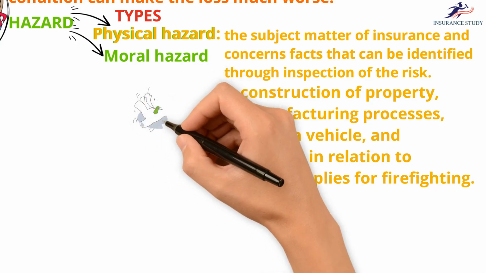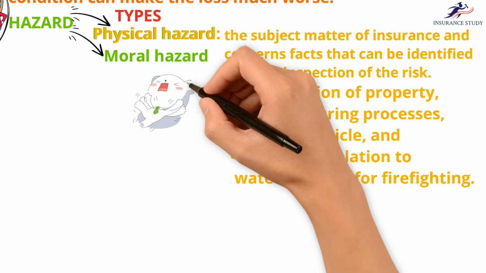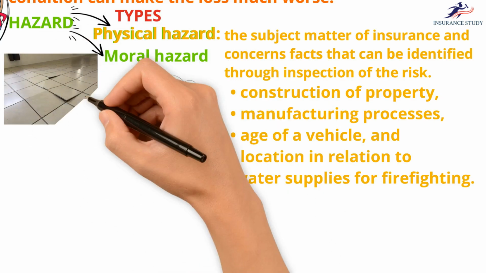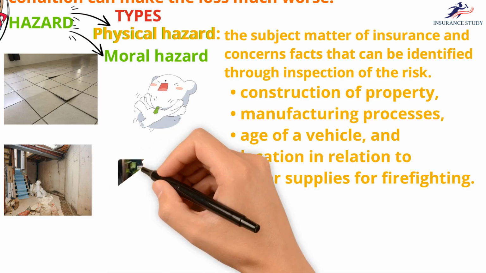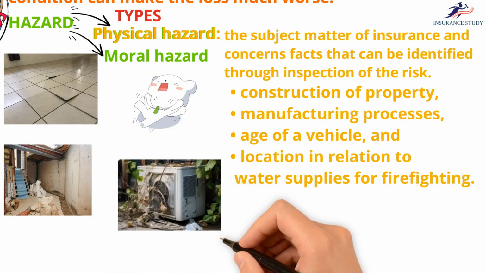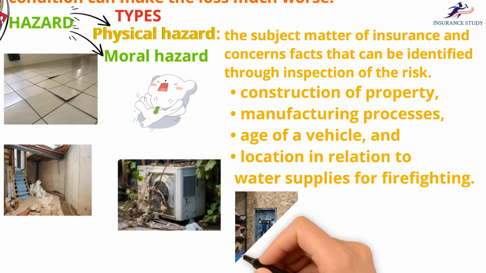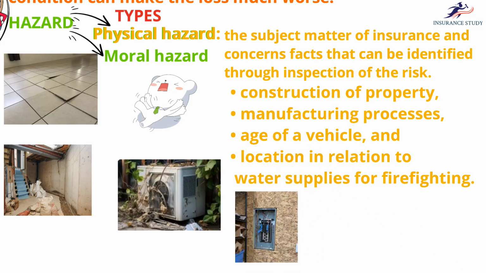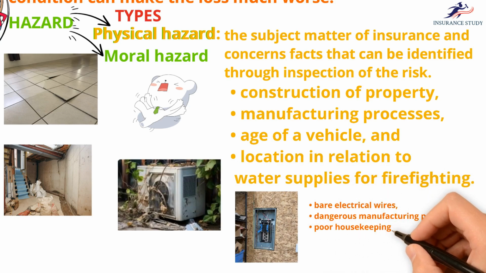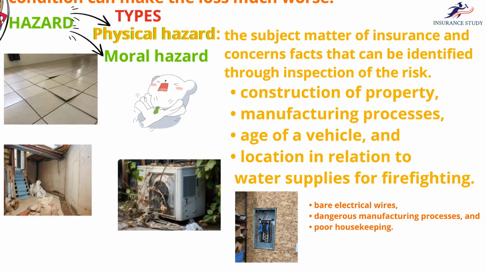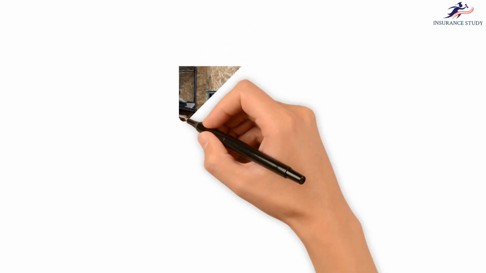Some other examples: slippery floors, loose tiles, debris in basements or stairwells, poorly maintained heating and air conditioning units, bare electrical wires, dangerous manufacturing processes, and poor housekeeping. These are physical conditions that increase the possibility or severity of loss.